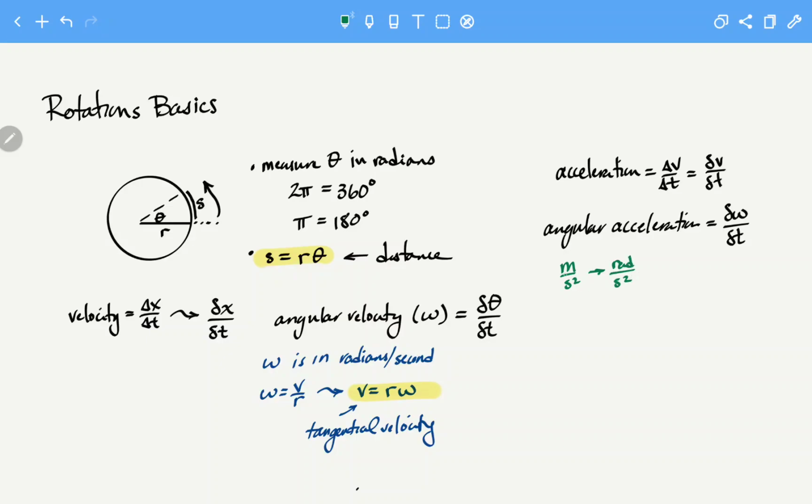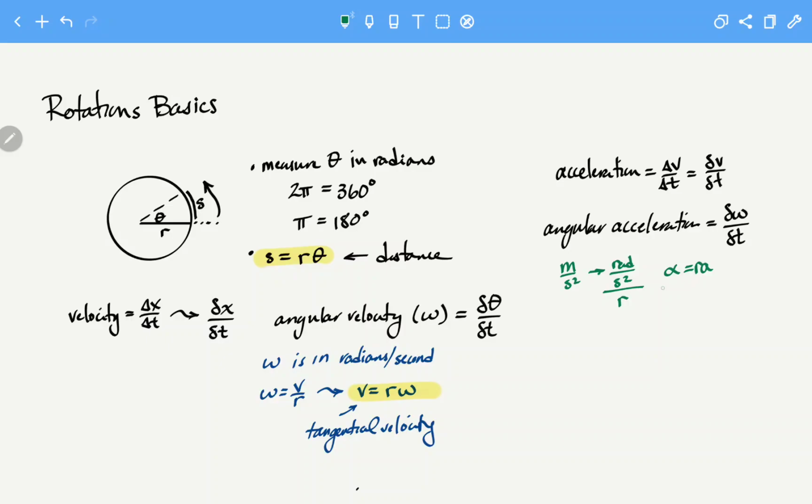So that means in order to get rid of this m here, we have to divide all this by our meters, and meters is our radius. So what that means is your angular acceleration, which has this beautiful alpha, is equal to the acceleration divided by your radius.